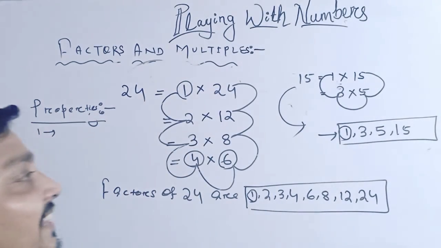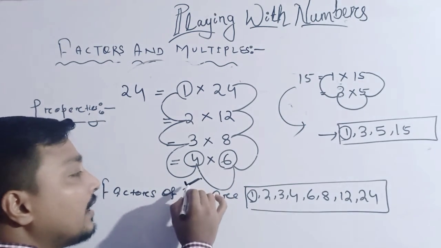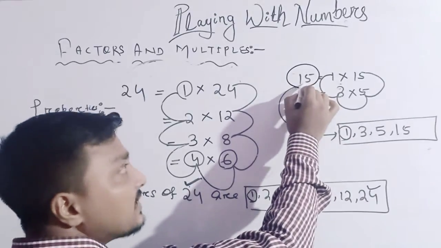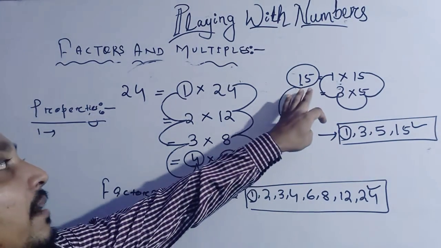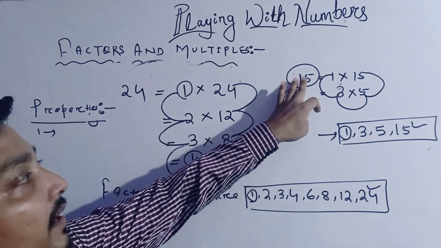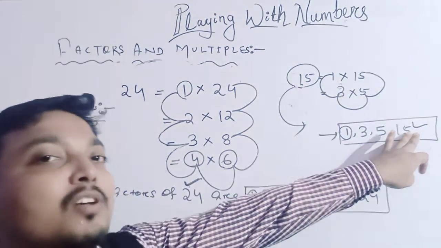Another thing: here the factors of 24 are asked, so 24 is a factor. Here the factors of 15 are asked, and 15 is also a factor.